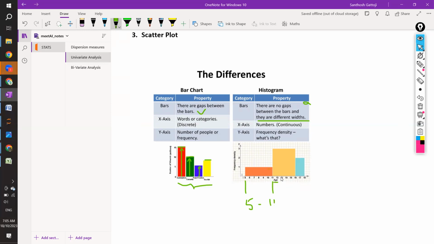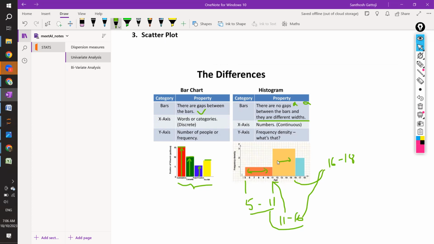One more bin is 11 to 16, and the third bin is 16 to 18. So there is no disconnection: from 5 to 11, then again 11 to 16, then 16 to 18. Since one bin joins continuously to another bin, there will be no gaps, and the widths could be different.